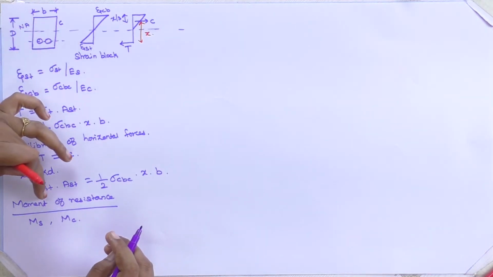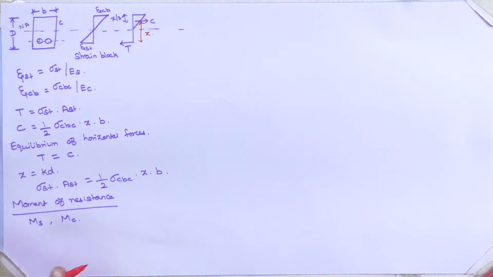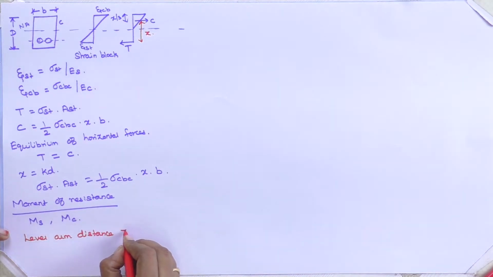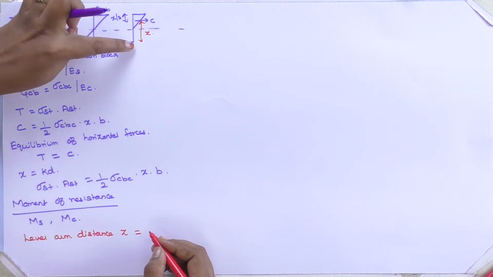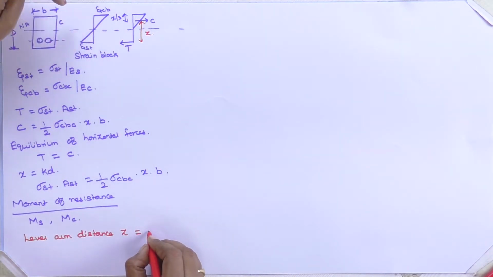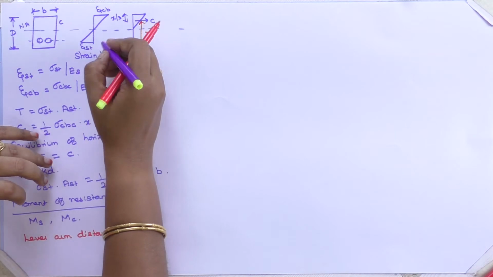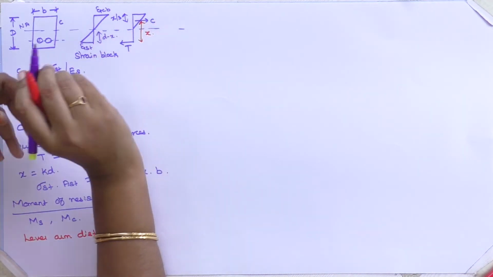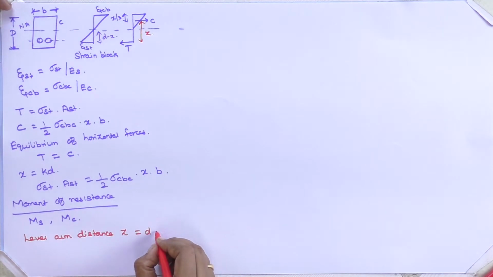For that, we should have something, lever arm distance Z. We can take it as D, this is D minus X, D minus X by 3.